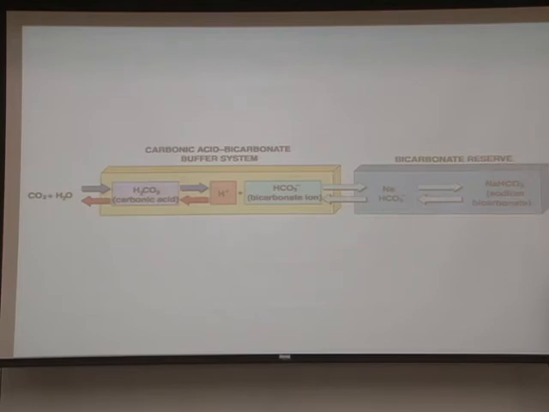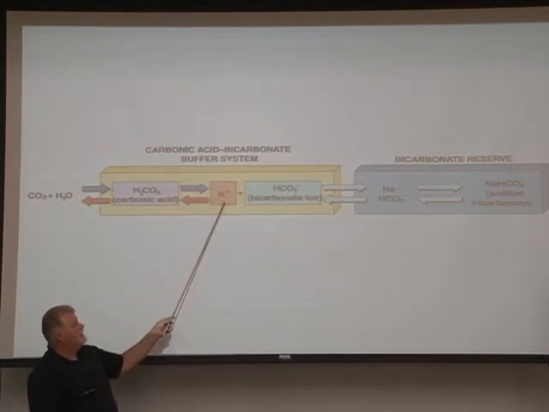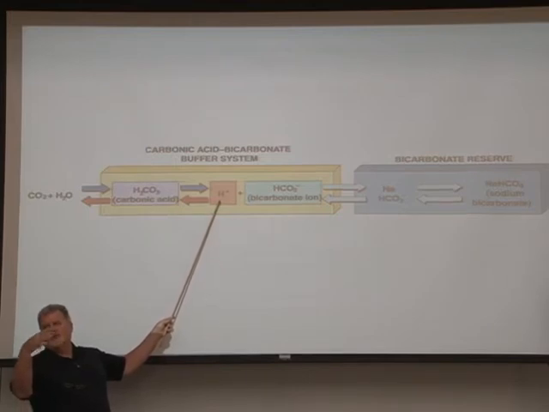So the reason, again, is what we had drawn on the board over there: if we add carbon dioxide to water, we get carbonic acid. If we get the formation of carbonic acid, we form hydrogen ions. And then these hydrogen ions would make us move toward acidosis.